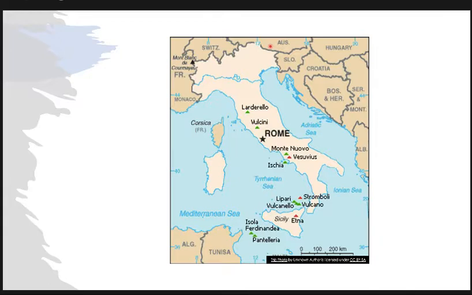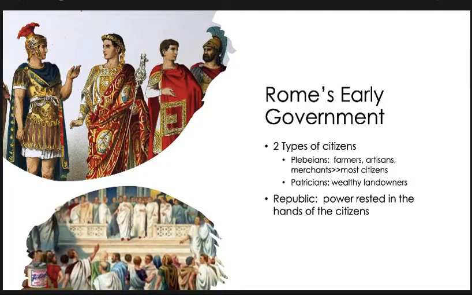And Rome itself is located midway between the Alps and the southern tip of Italy on the Italian peninsula. Okay, so are we clear on the geography? Seven Hills, Tiber River, Peninsula, Alps. Got all that? Okay. So let's look at how these early people in the city of Rome governed themselves.